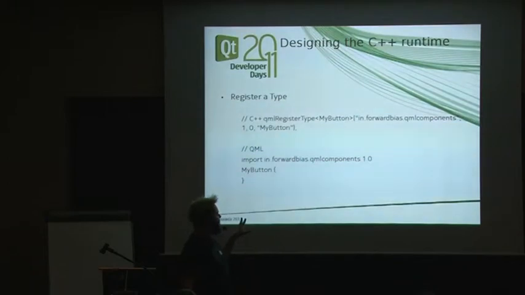The code is not very important. The only thing to remember is qmlRegisterType. And what you have to understand is that the object is created in QML. In C++, you only register the type, the class, and the instance is created from within QML.